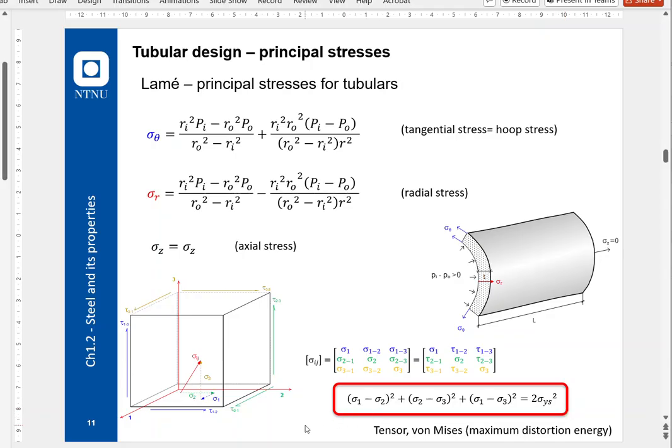So that simplifies things quite a lot for us. You can see that what goes into these expressions simply is the radius of the pipe. It's the inner and outer pressures. And of course, for the axial stress, we need to calculate the acting weight.